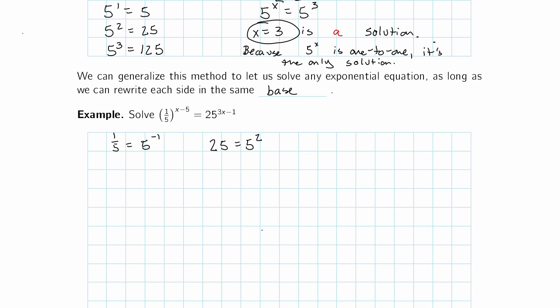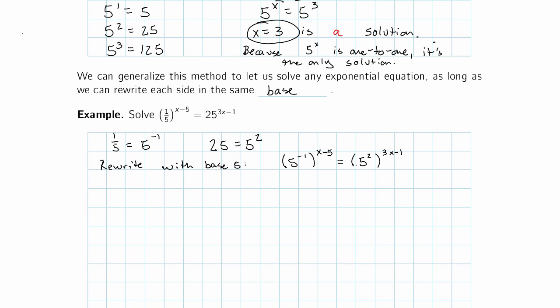But having done that, we can now rewrite each side of this equation in terms of 5. So the left-hand side, I'm going to replace 1/5 with 5 to the negative 1. On the right-hand side, I'm going to replace 25 with 5 to the second. Okay, and now I've got these parentheses that I want to get rid of.